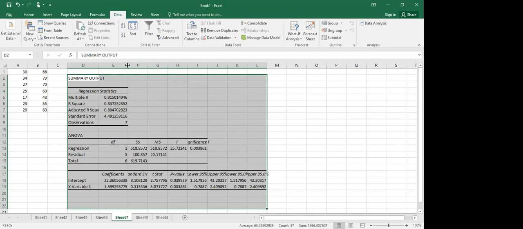Sometimes I will just ask, what is the correlation coefficient? What is the intercept? What is the equation of the regression line? The equation of the regression line here will be 22.36 plus 1.6x. So we are going to go back to the PowerPoint.